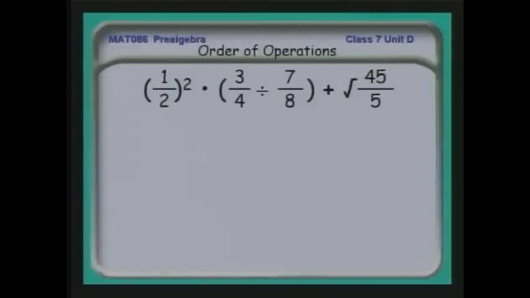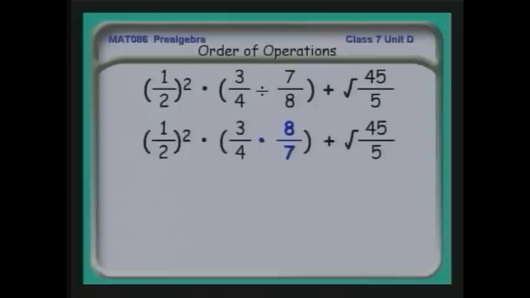Let's take this step by step. The first thing we need to do is deal with what's in parentheses. Notice that the first thing I do, since I have a division, is invert and multiply. So instead of divided by 7/8, I use times the reciprocal of 7/8, 8/7.